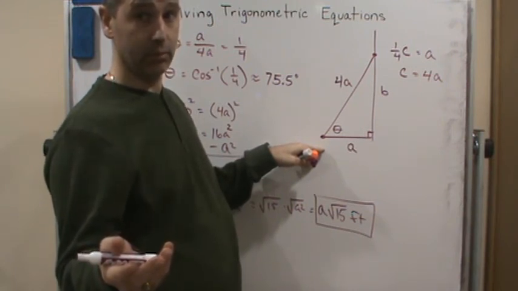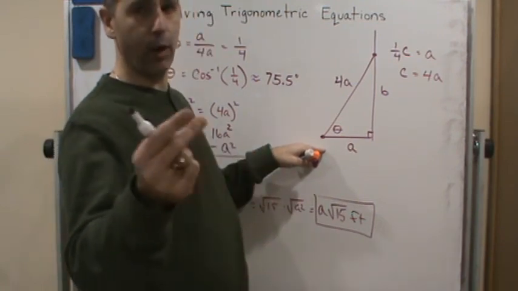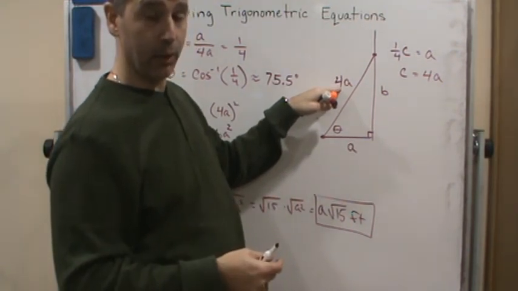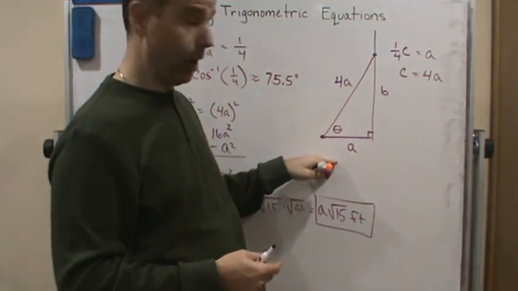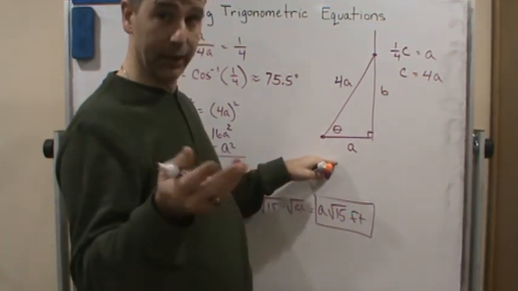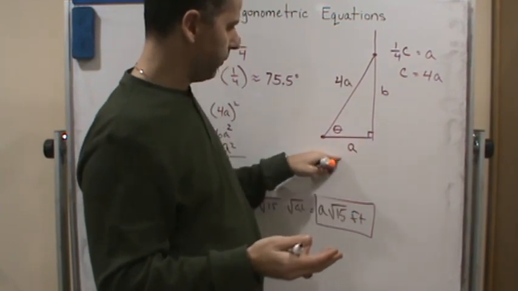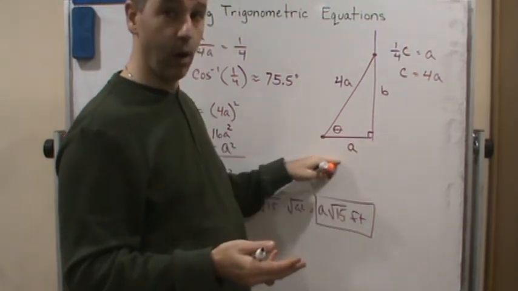Excuse me, 24, I'm sorry. If we look at a 24-foot ladder, that's easier, and we divide by 4, that means this length is going to be 6 feet from the wall. Okay, so that's a typical 24-foot ladder. If you have a 40-foot aluminum ladder, then you're going to be 10 feet from the wall.